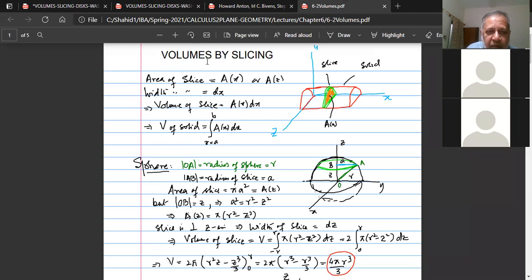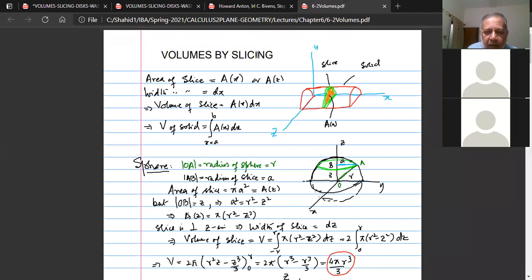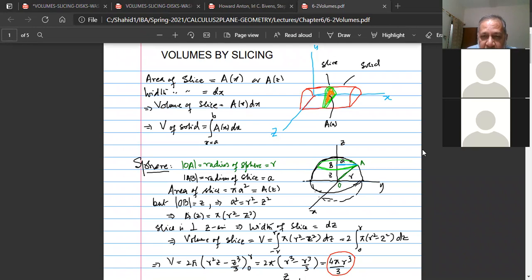Now, can you see this, volumes by slicing? Yes, sir. Okay. So here I have considered this tent-like object, like when people set up a camp, but I am considering this as a solid. So this red boundary indicates a solid of this shape, and it is placed on the xz plane, with y vertical.